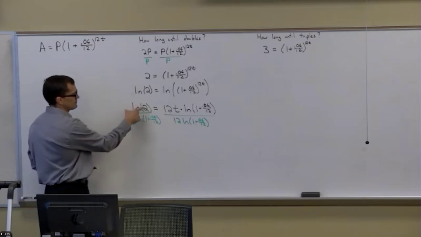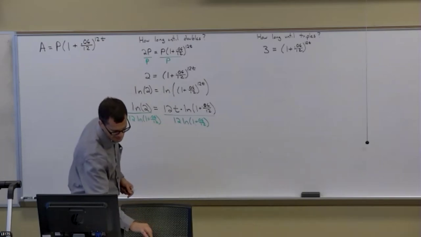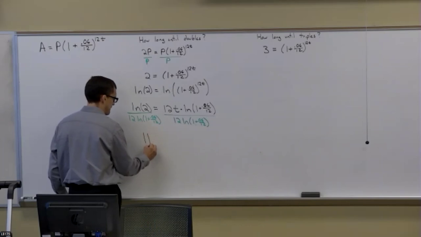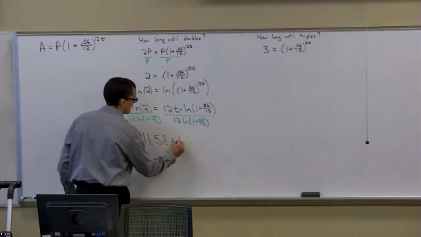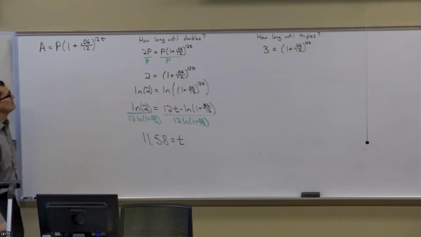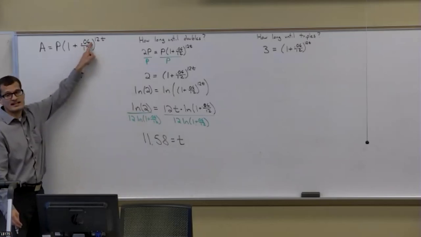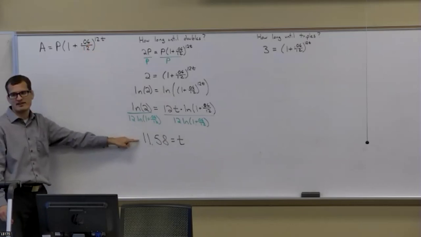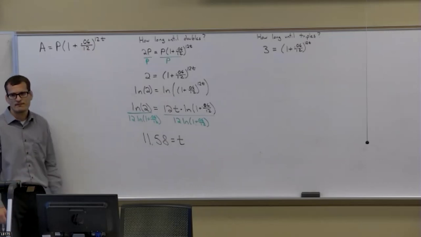When you do that, these are all just real numbers, and you'll end up with 11.58 roughly as the value of t. So at 6%, it takes about 11.58 years to double compounding monthly.